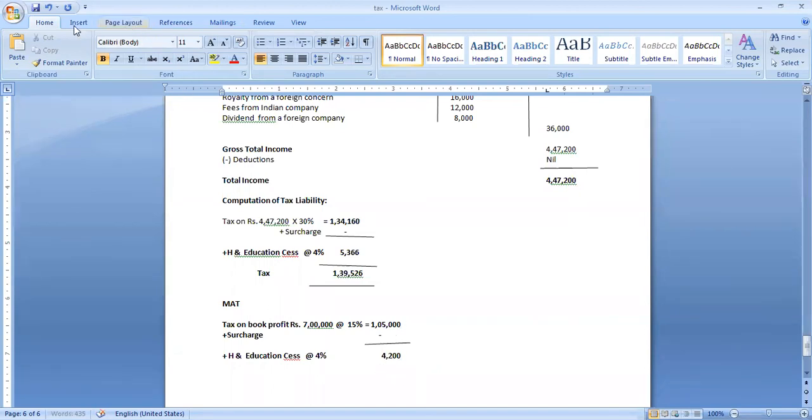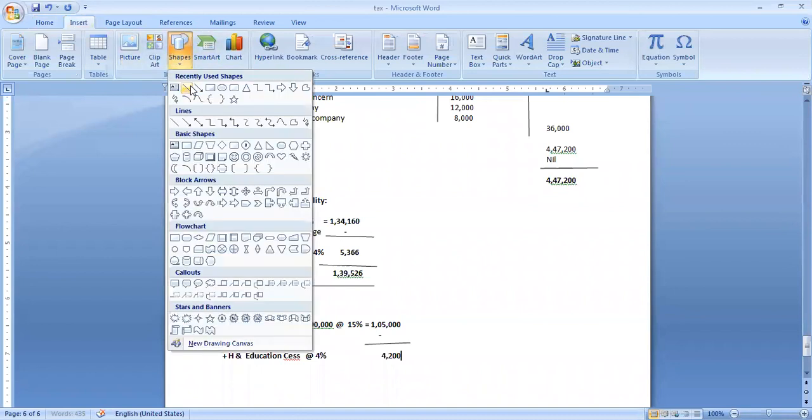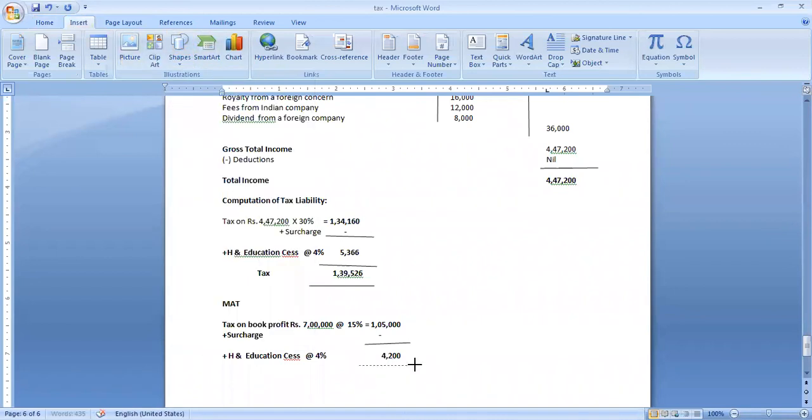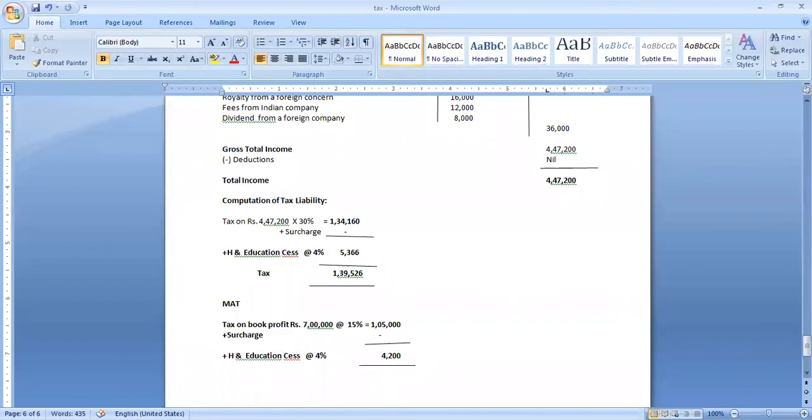Now the tax liability is, you add both of these, that will come to 1,09,200.